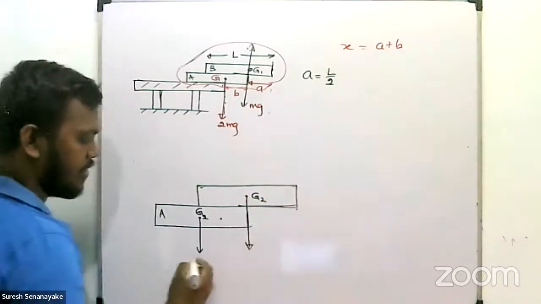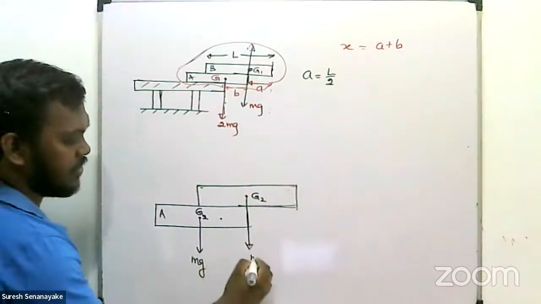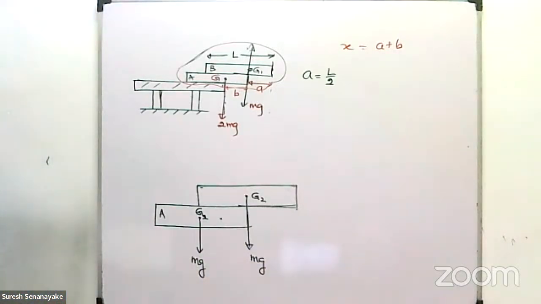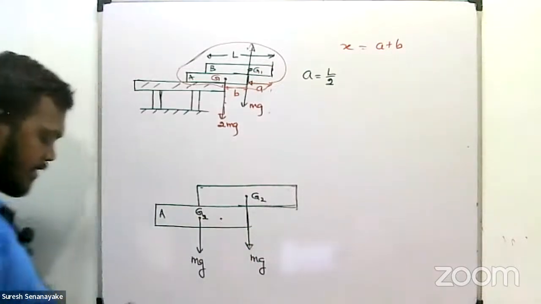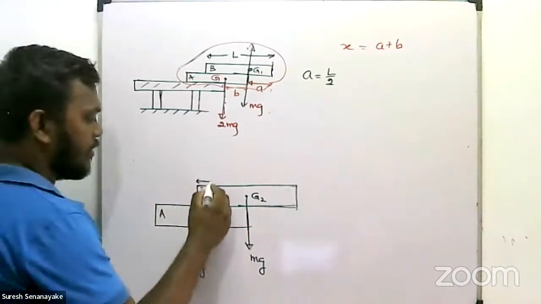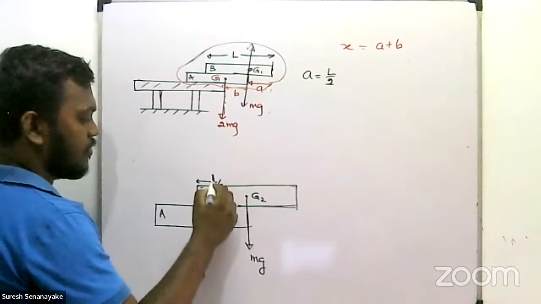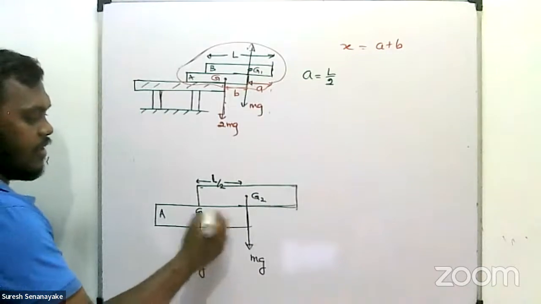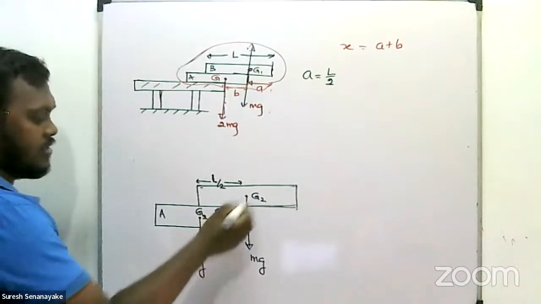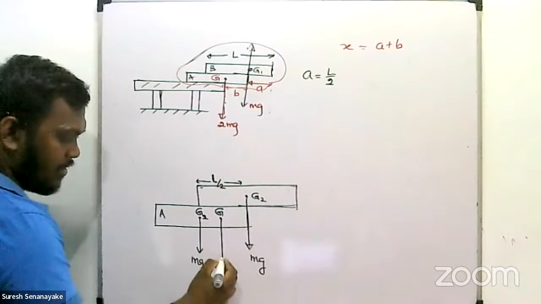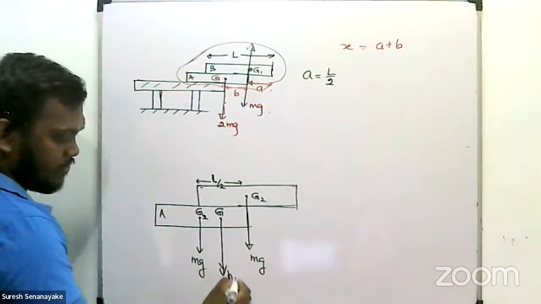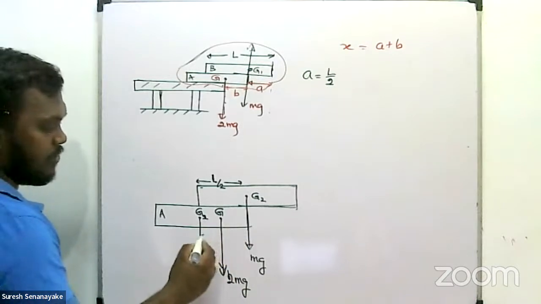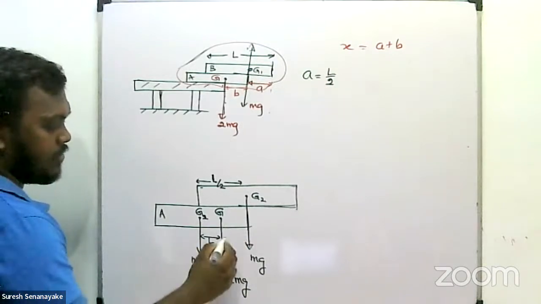Now these two bodies have the same mass, so the center of gravity of the system should act at this place, with total weight 2mg. This length is L over 2 from here to here. If this is L over 2, then this should be L over 4, and this also should be L over 4.